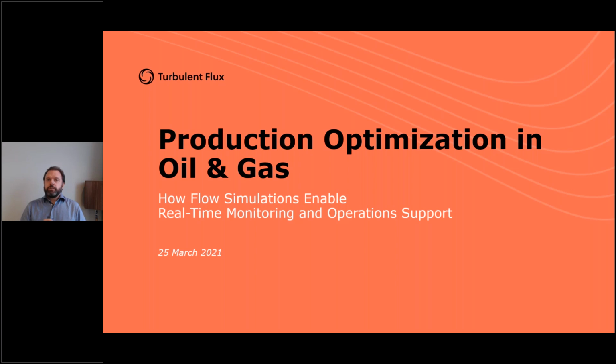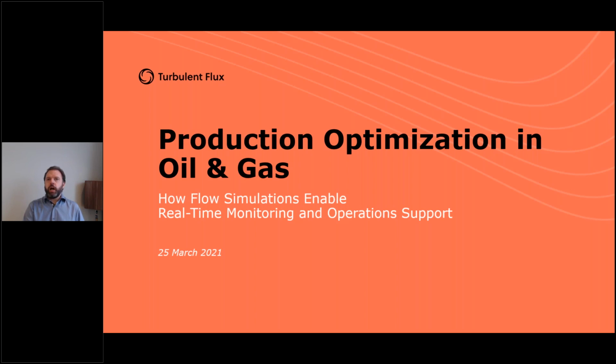So in terms of that title, there are 3 key portions that I would like to emphasize that are really close to heart for us at Turbulent Flux. The first part of it is the production stage. The production stage of the life cycle of an asset is really where we are focusing our efforts.